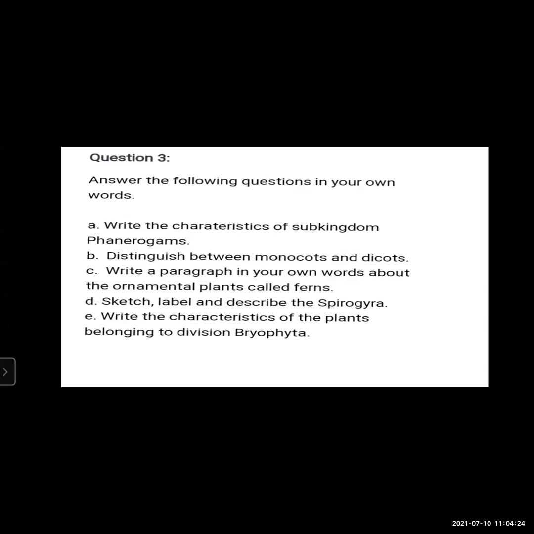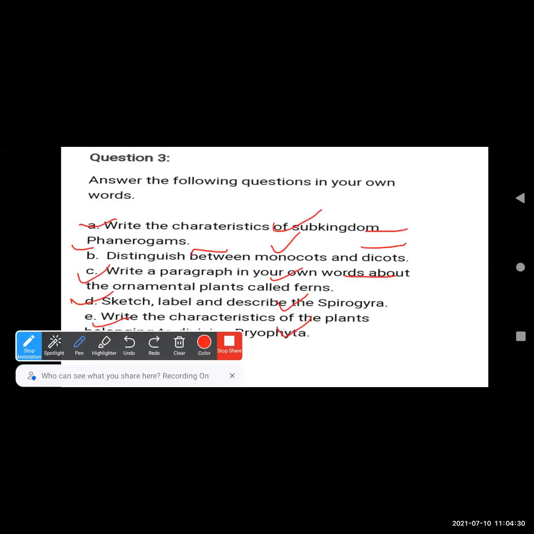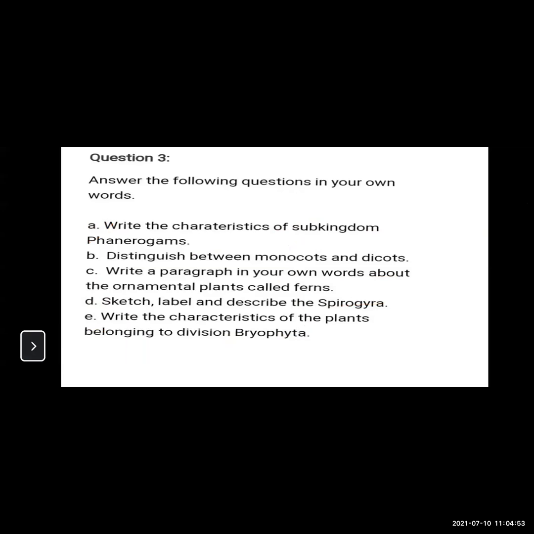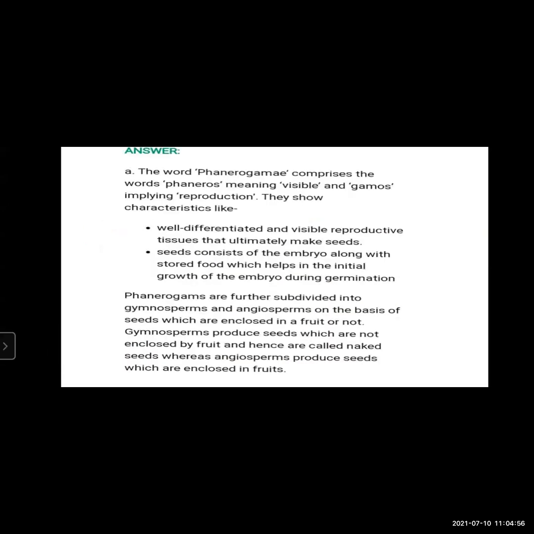So the first question is, write the characteristics of subkingdom phanerogams. So in this way, you can write the answer on your own also, or you can pick it from the textbook also, no problem. But the answer should be in this format.